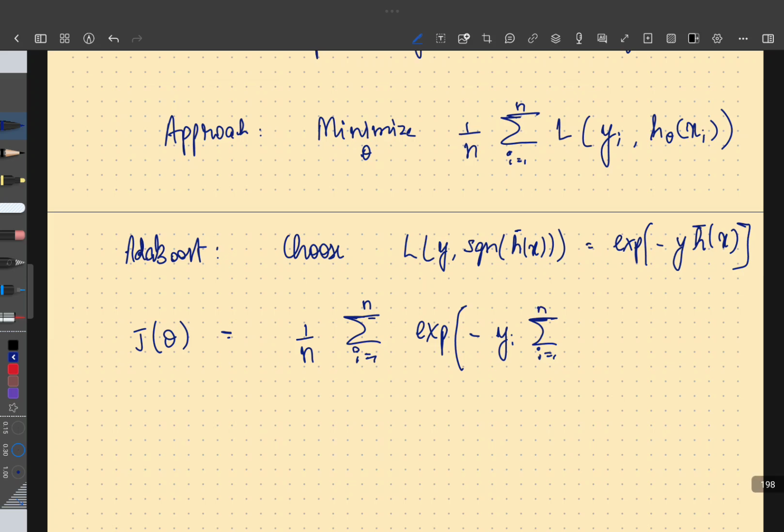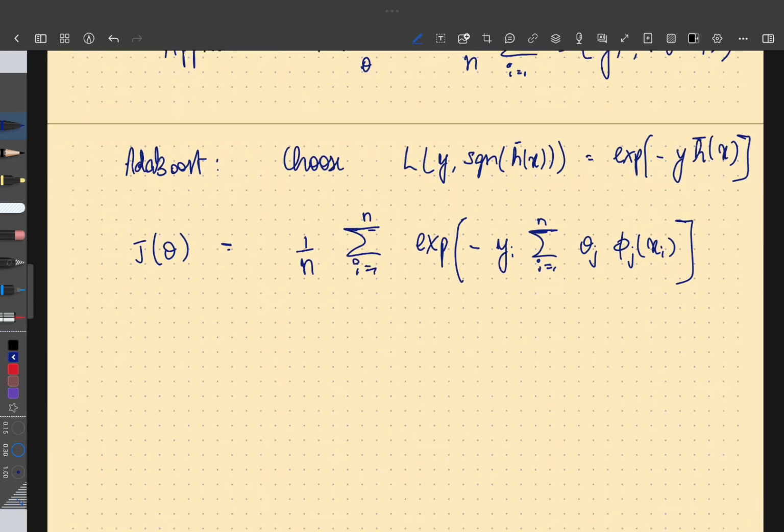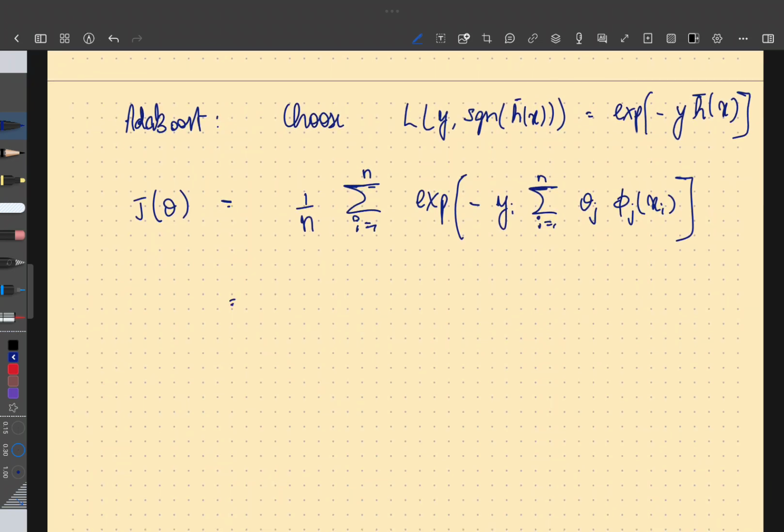Theta j phi j of xi. Or equivalently, this is 1 by n.